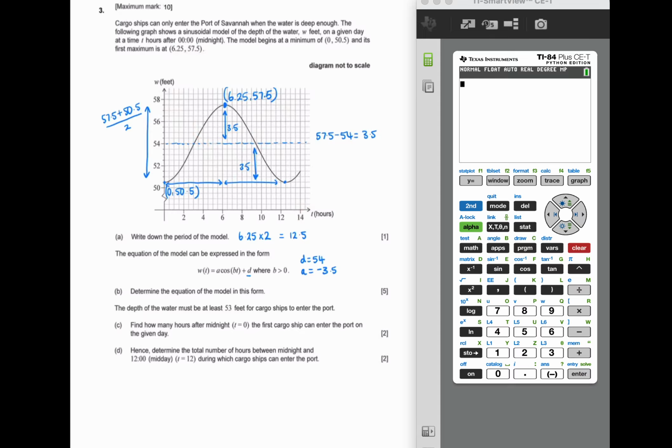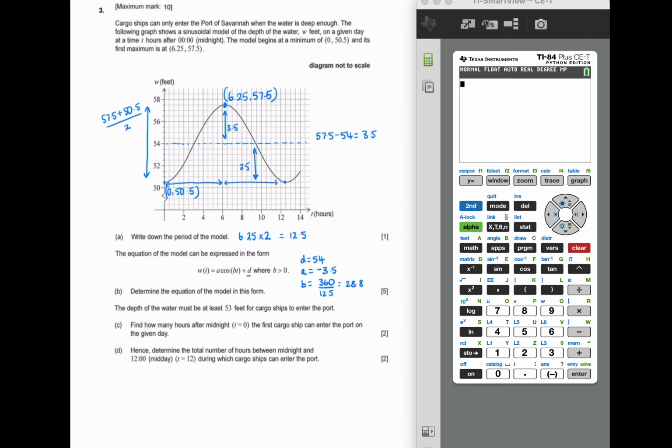And then for the last part, B, this is the periodicity of the function. For this one, you do 360 divided by the length of our wave, which we said was 12.5, and that gives you 28.8.